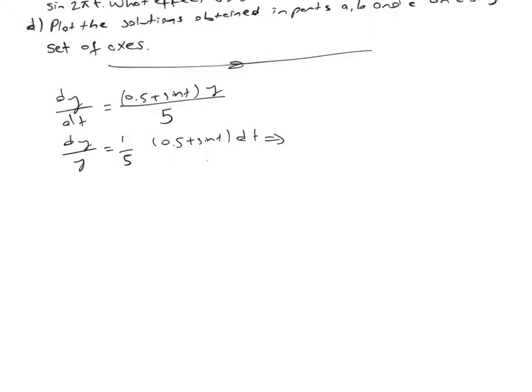By integrating both sides, we will get, and in order to find the constant c, we will use the initial condition, which is y0 is equal to 1.